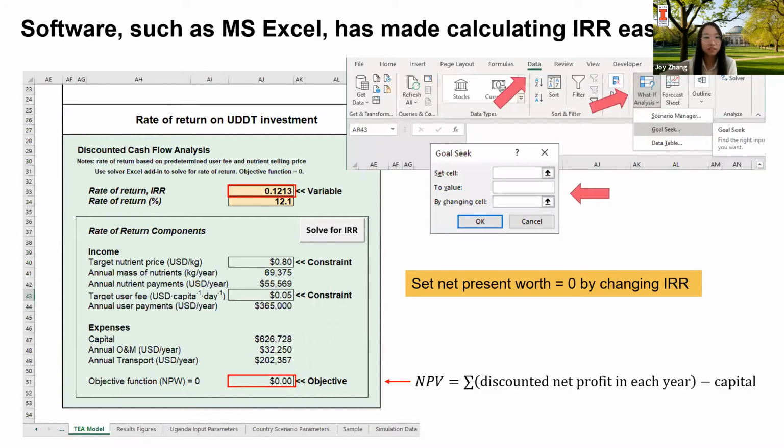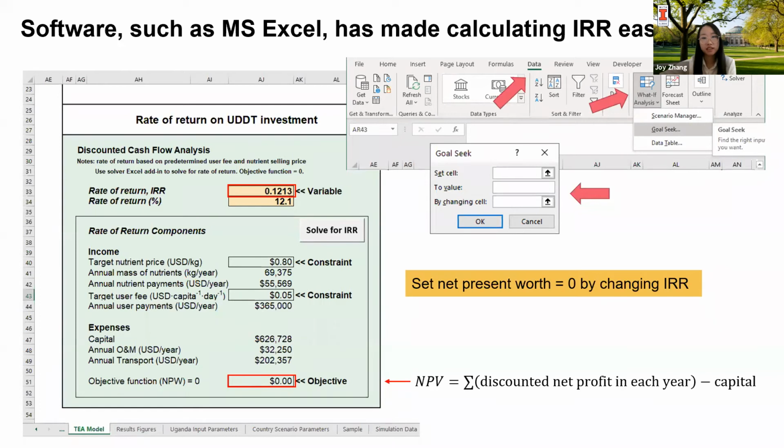Next, please. And here I'm showing you how to access the functions in Excel that can do this for us. It will be under the Data tab, What-If Analysis, and the Goal Seek function. In the Goal Seek window, we can see there are 3 inputs.